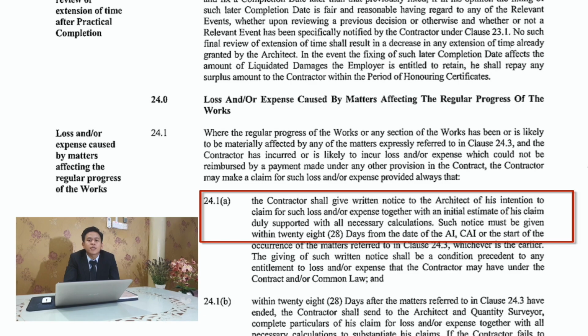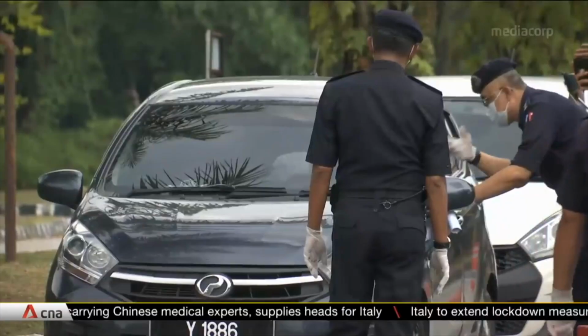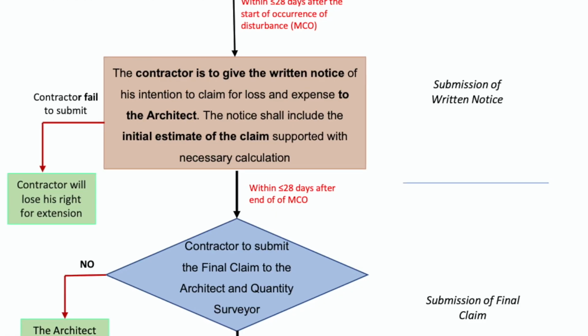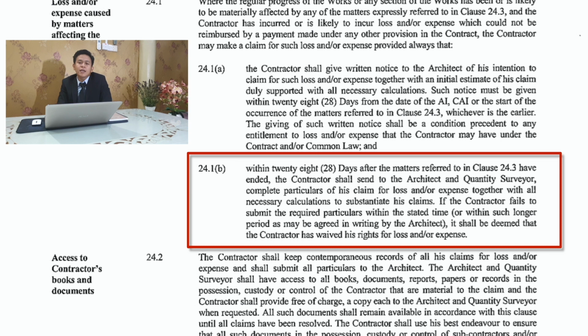According to clause 24.1a, contractor need to submit the written notice of his intention to claim for loss and expenses with initial calculation of his claim. Within 28 days after the MCO have ended, the contractor must send to the architect or QS a final claim which a complete particular of his claim.